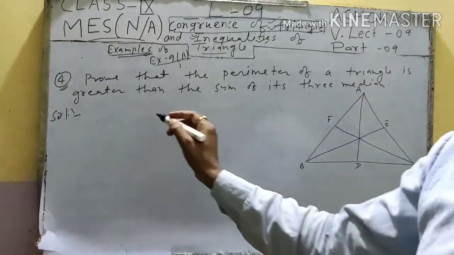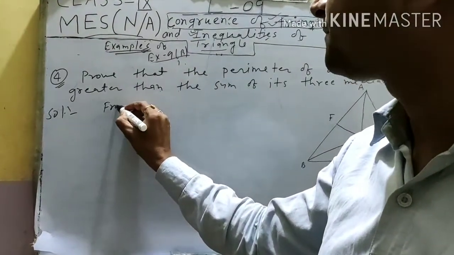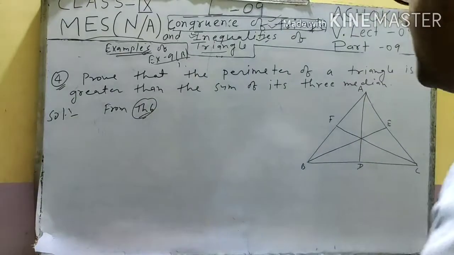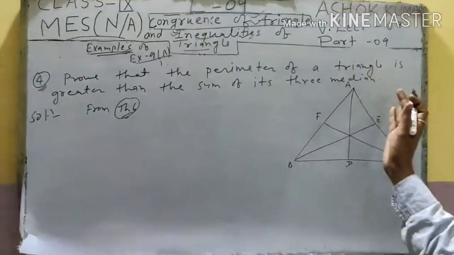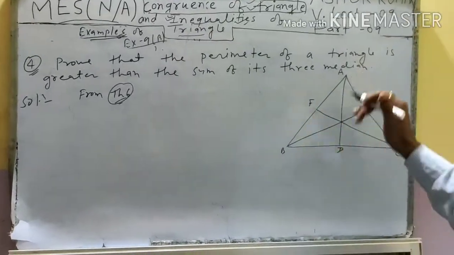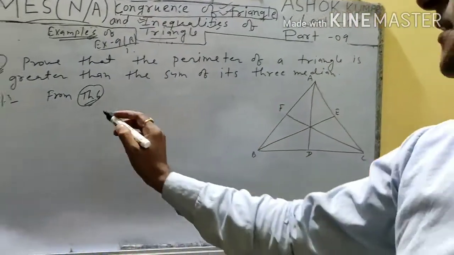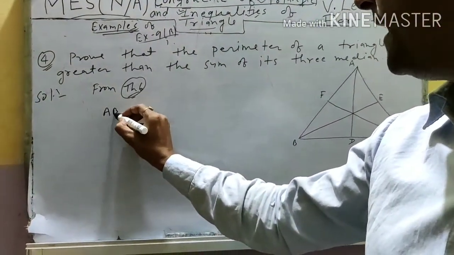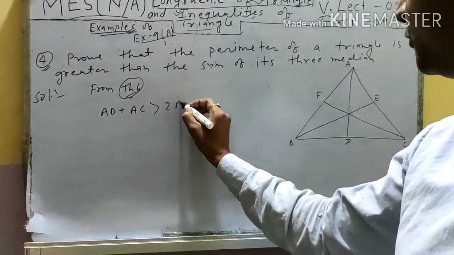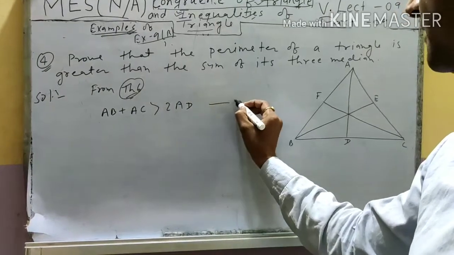We know that from theorem number 6, the sum of any two sides is greater than twice the median drawn to the third side. So we can write here AB plus AC is greater than 2 times AD. This is equation first.